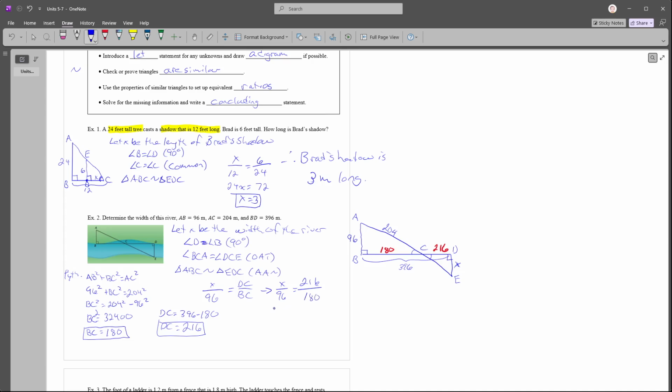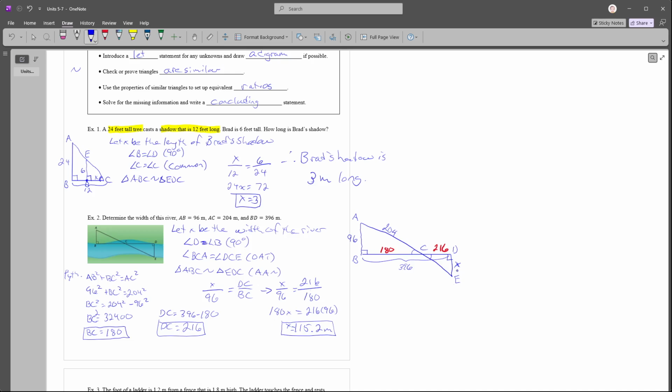And we cross multiply. So we end up with 180x is equal to 216 times 96. Then we're going to divide both sides by 180, and we end up with a value of 115.2 meters. X is equal to 115.2 meters.